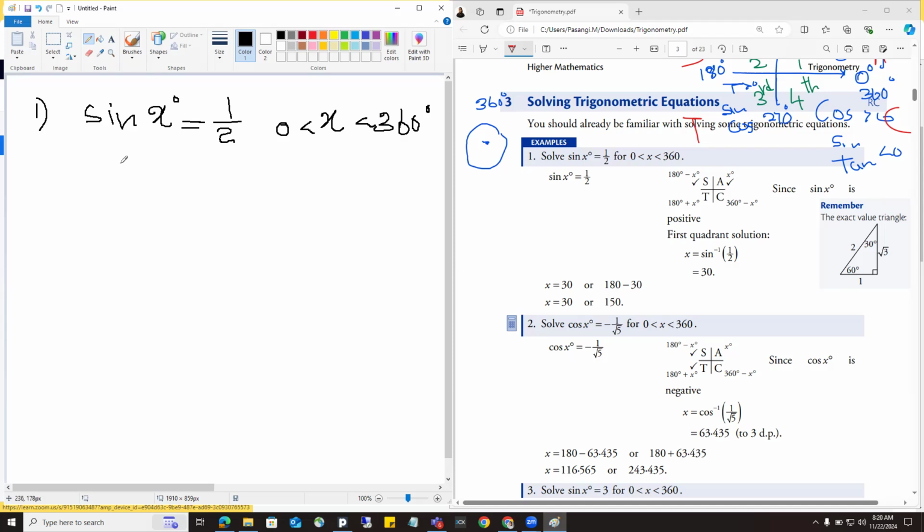Solve means we have to find the values for this x. x can be in the first, second, third, or fourth quadrant. But the issue is how we are going to calculate this type of equation and find the value for x. What do you think?